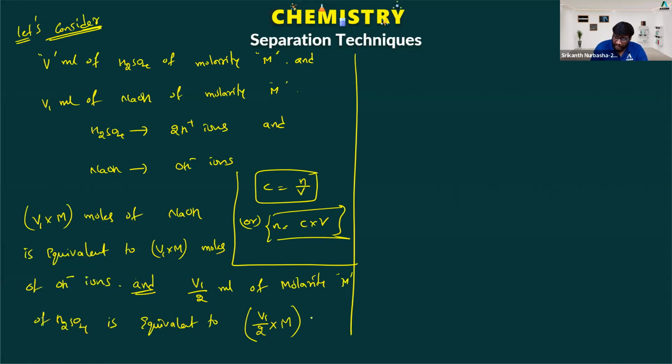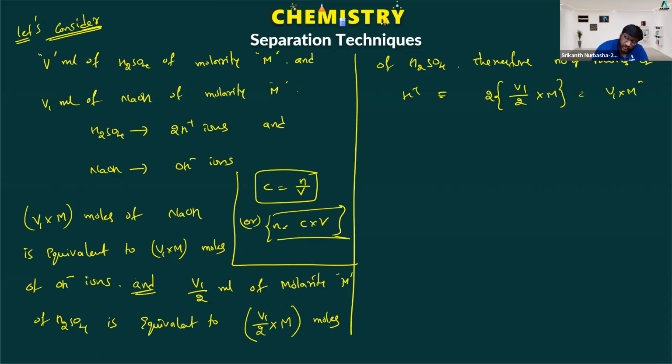V1 by 2 into molarity M moles of H2SO4. Therefore, number of moles of H plus is equal to 2 into V1 by 2 into M, that is V1 into M moles.